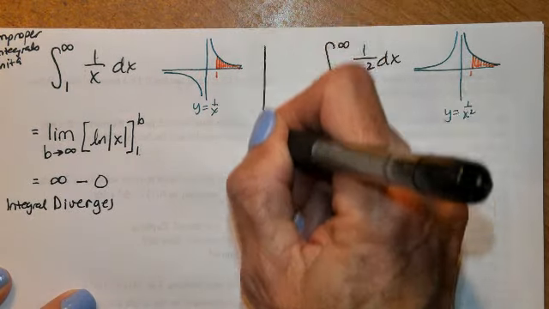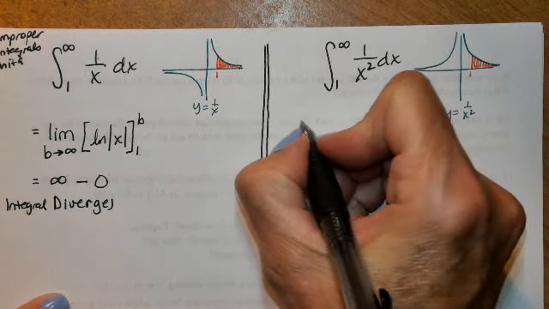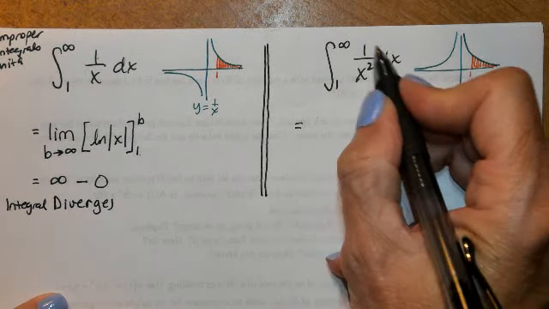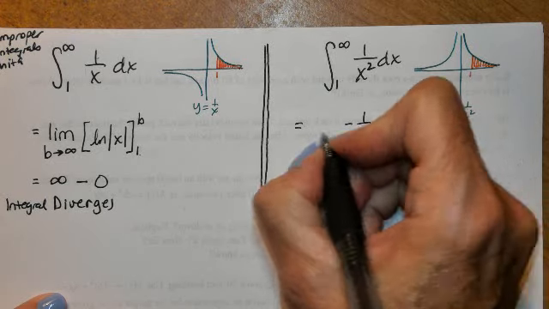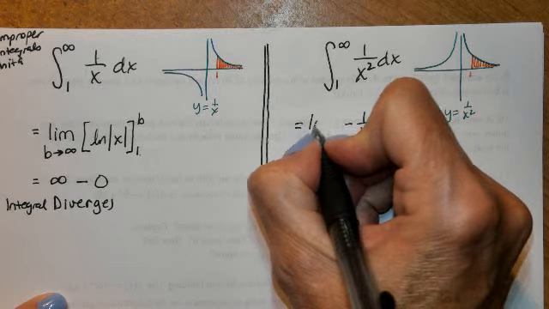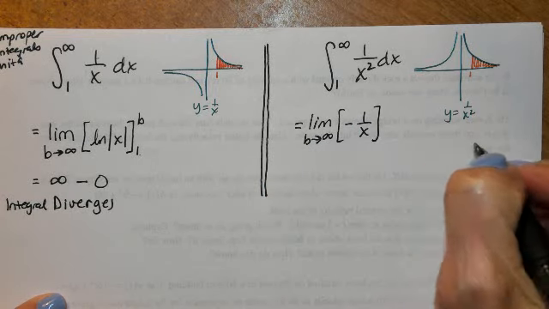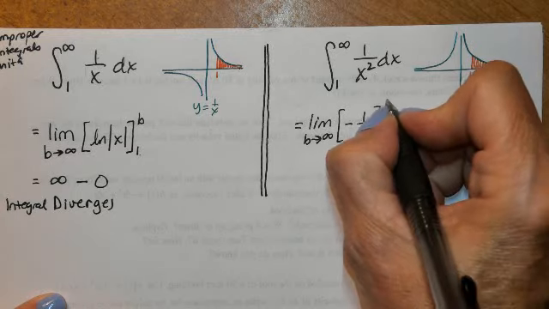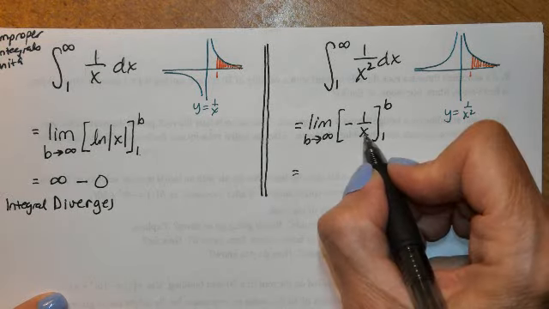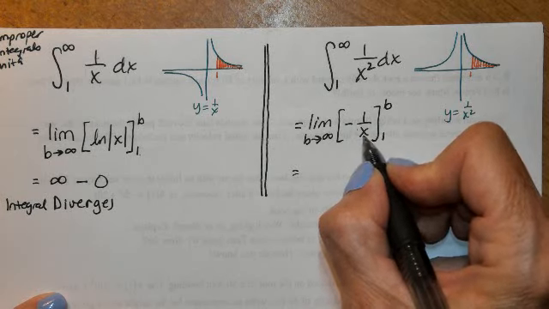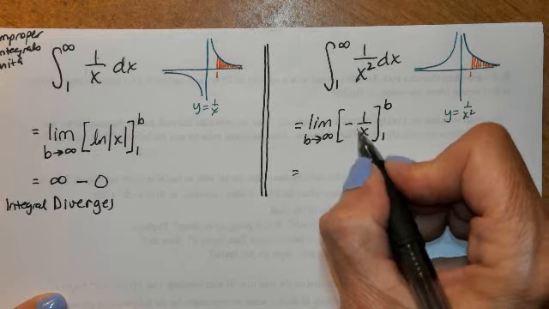But when we come over here to this one and do the same process, we do not get infinity. If we take the antiderivative of 1 over x squared, we get negative 1 over x using the power rule. So we have the limit as b goes to infinity of negative 1 over x from 1 to b. And this time when we put b in for x and let b go to infinity, 1 over a huge unbounded number is 0.